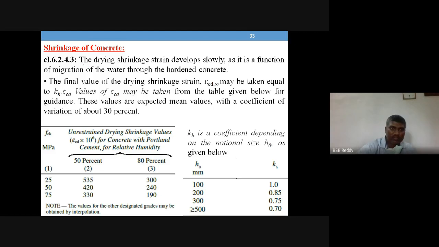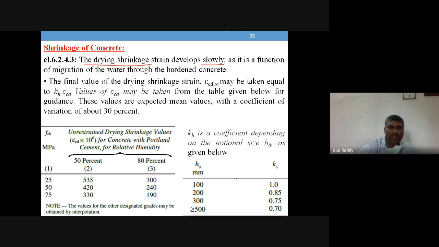Now comes to drying shrinkage. Okay, it develops very slowly, because the water shall be evaporated through the concrete, the very inner part, the core portion of the concrete. It takes a lot of time, a very slow process.